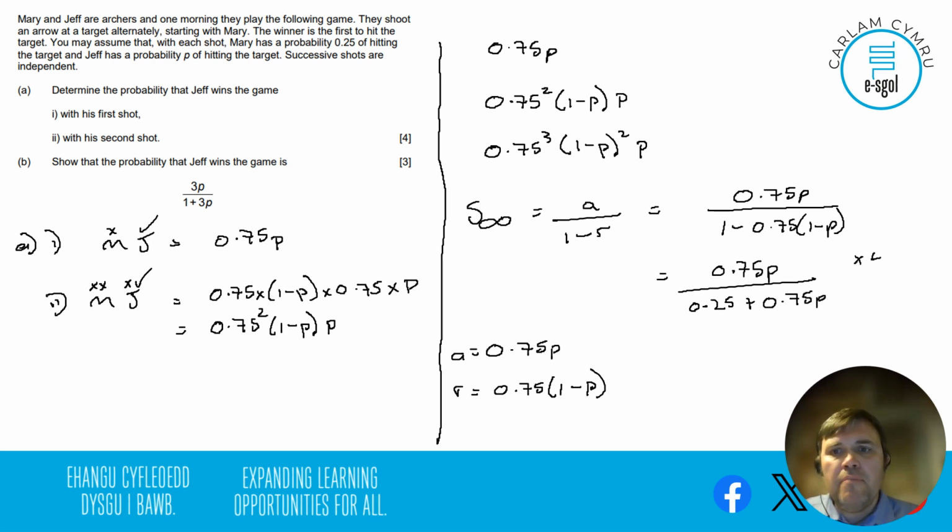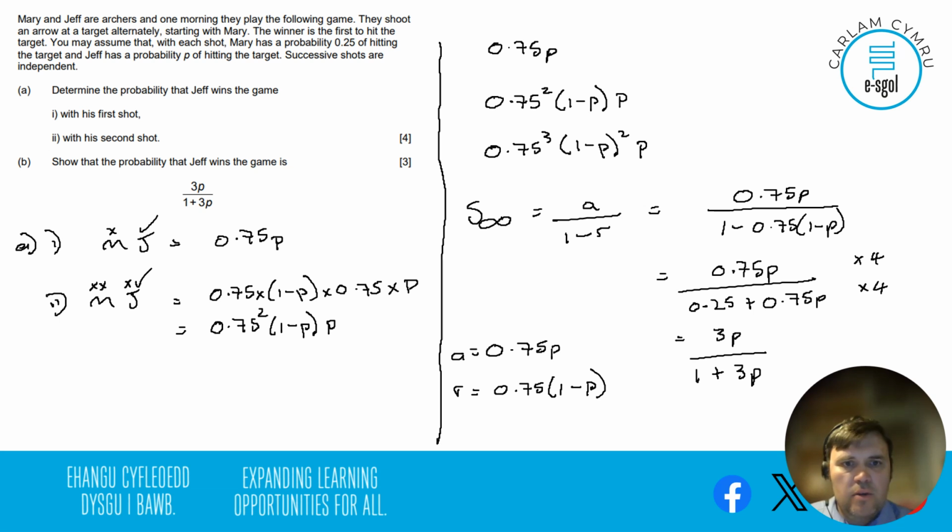If I multiply both of these top and bottom by 4, because this is 3/4 p, times 4 is going to be 3p. This is 1/4 times 4, so it's going to be 1. And then this is 3/4 again times 4, so that would be plus 3p, which would give me the formula that we have then got.